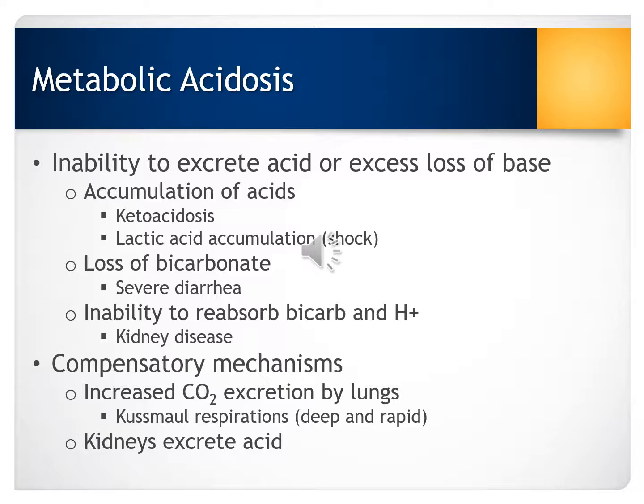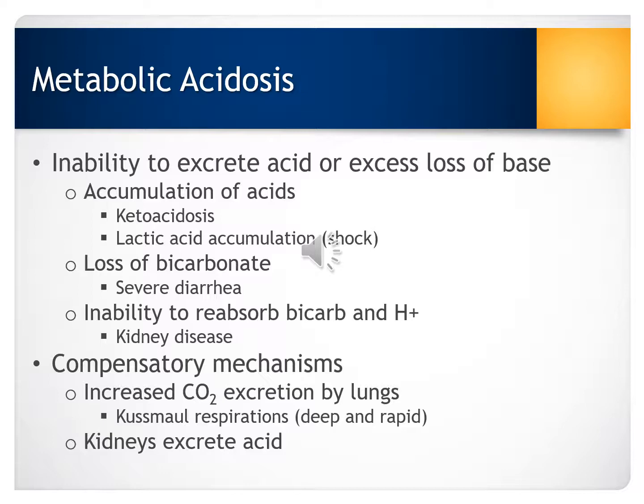Metabolic acidosis can occur when there's an inability to excrete acid or an excess loss of base. Conditions with an accumulation of acids include ketoacidosis or lactic acid accumulation, which typically results in shock. Bicarbonate is lost when there is severe diarrhea.